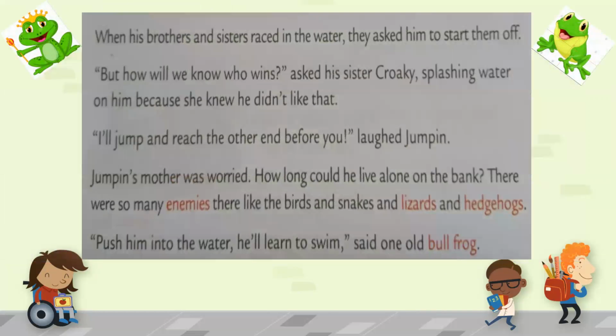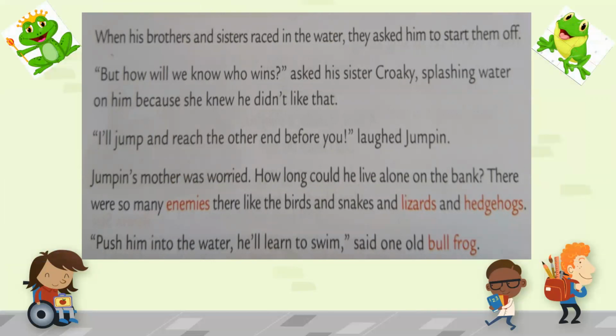So, next paragraph. When his brothers and sisters raced in the water, they asked him to start them off. "But how will we know who wins?" asked his sister, croaking, splashing water on him because she knew he didn't like that.